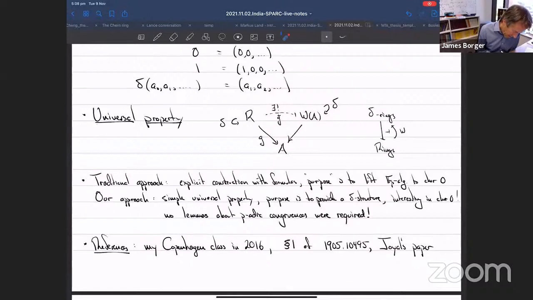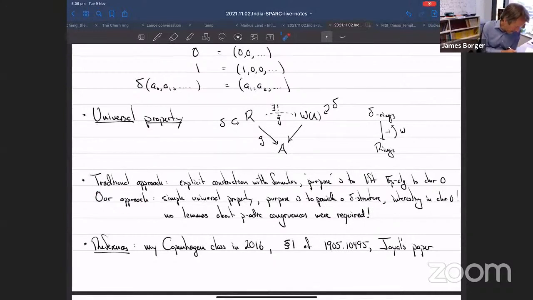And people think of the purpose of Witt vectors as lifting algebras over F_p to characteristic 0. I haven't explained how, if A is an algebra over F_p, you get something in characteristic 0. I'll say something about that today.